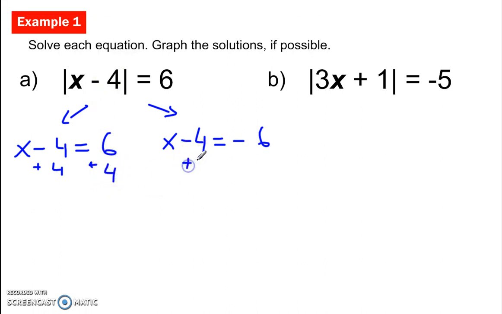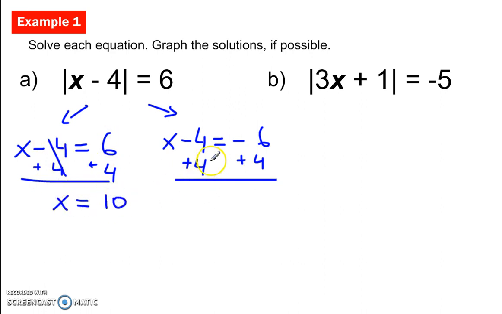So we add 4. Over here, this cancels out. x equals 10. And on this side, this cancels out. x equals negative 2.